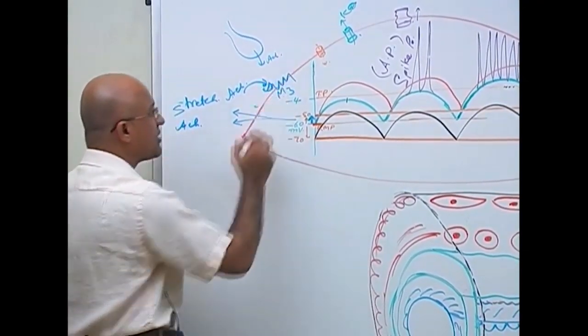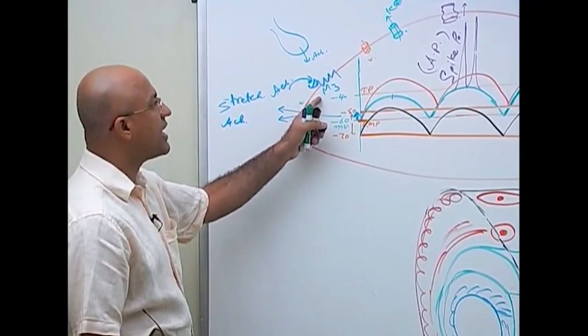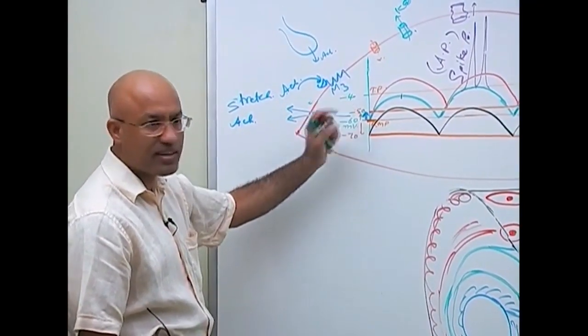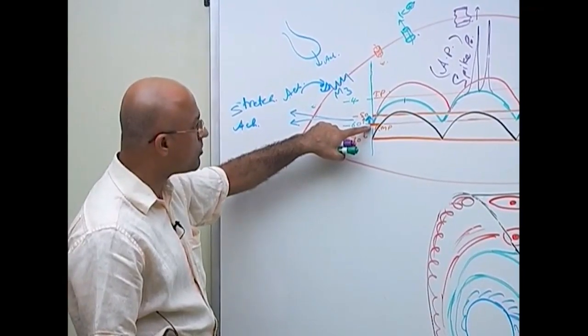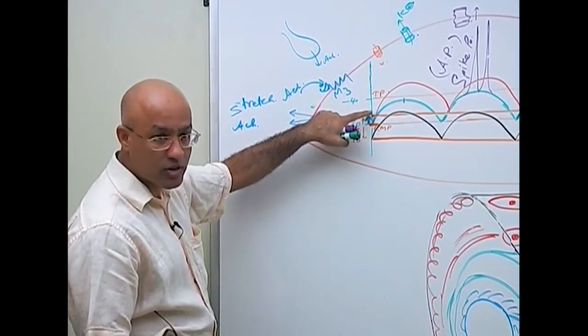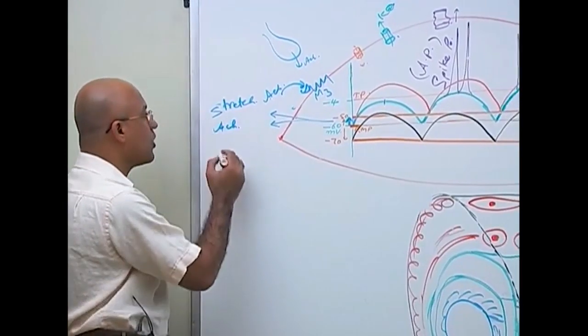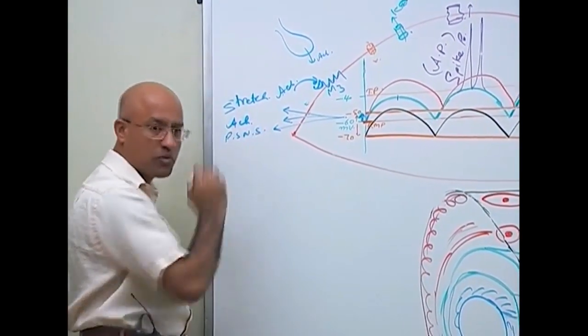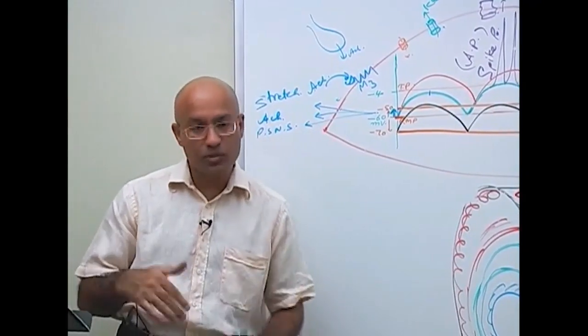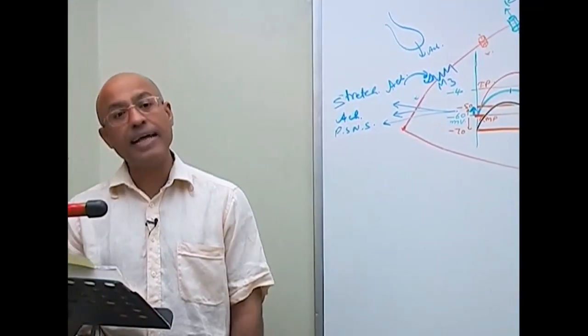When acetylcholine stimulates the receptors, that leads to calcium influx inside, and when calcium moves in, that takes the resting membrane potential towards threshold. Is that right? So acetylcholine, and of course the third thing is parasympathetic nervous system stimulation. So these are the factors which can stimulate, and some hormones even.